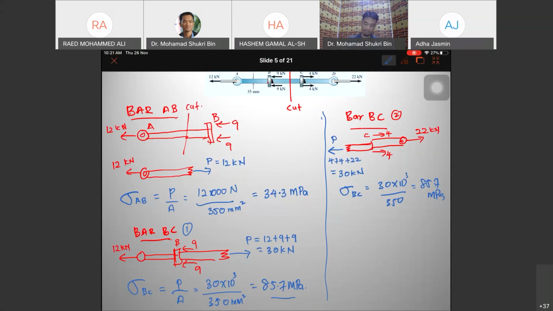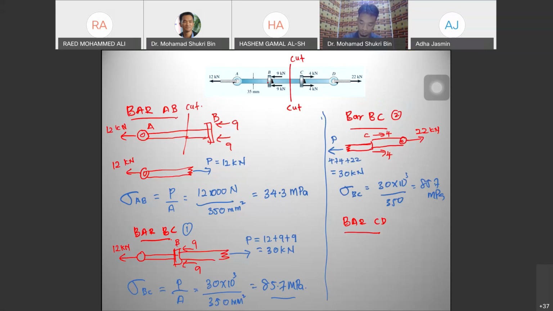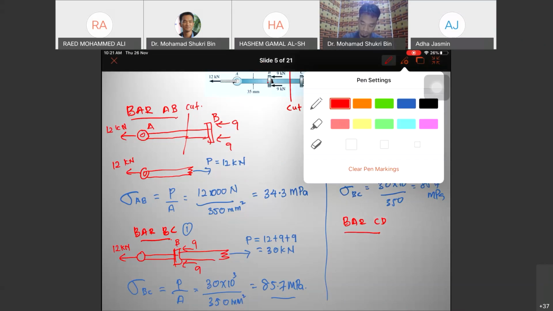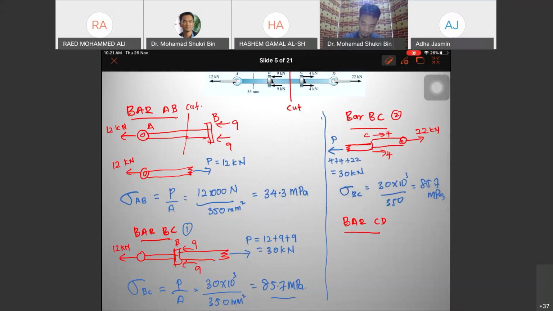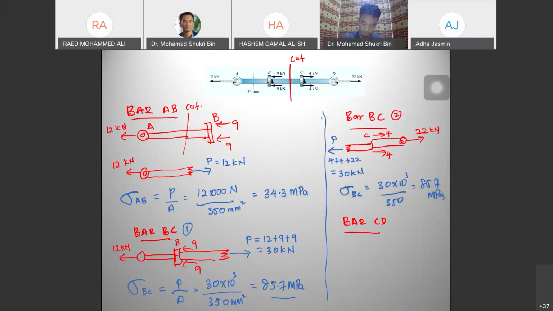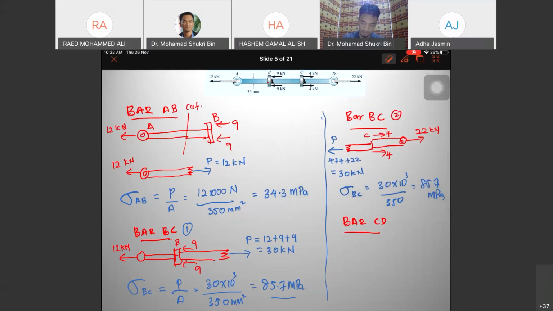So bar CD, in CD direction, you can cut in here.